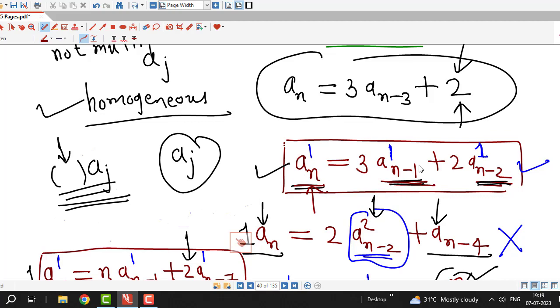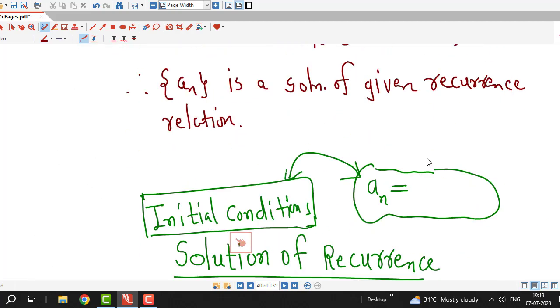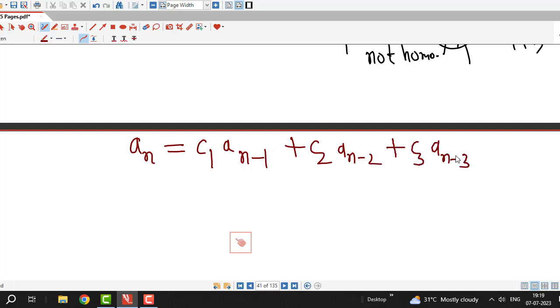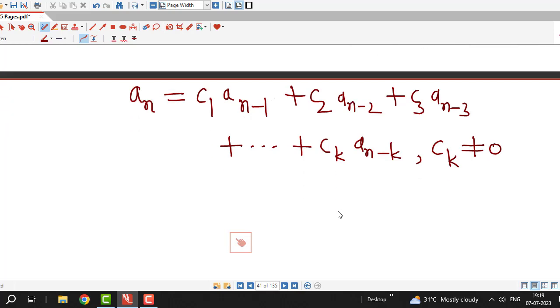So if I have my recurrence relation in this form, suppose I write an equal to c1 into an minus 1 plus c2 into an minus 2 plus c3 into an minus 3, and so on, ck into an minus k, where c1, c2, ck are constants and ck is not equal to 0.